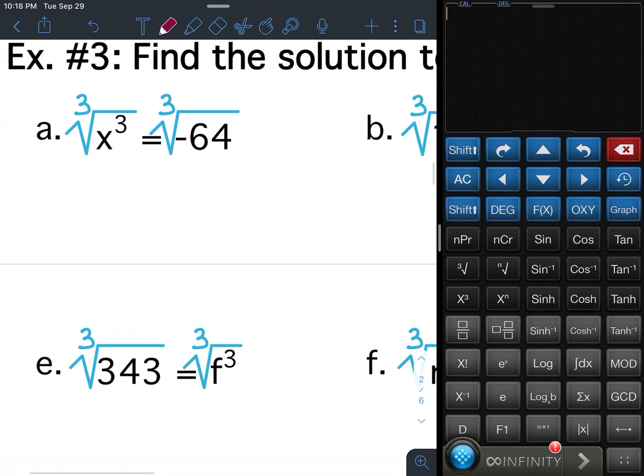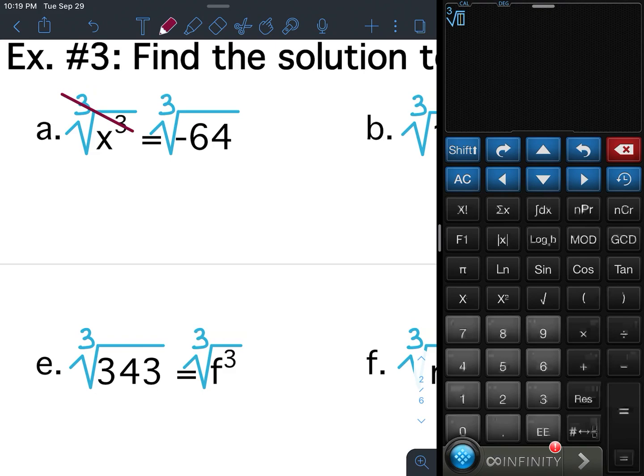The cube root and the cube cancel out. I'm going to put in the cube root, notice how it's got the 3 up top, of negative 64. Cube root of negative 64. You hit enter, and it's negative 4. So x equals negative 4.